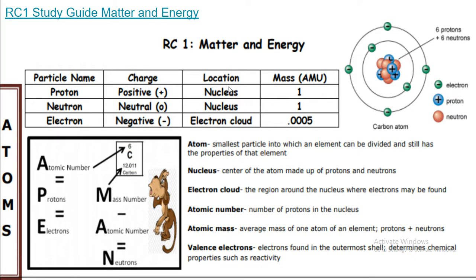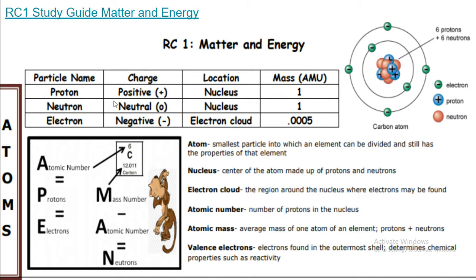So matter and energy. We have three subatomic particles to an atom. Protons have a positive charge and they're located in the nucleus with a mass of 1 AMU. So here you have your positive protons inside the nucleus and they have a mass of 1.